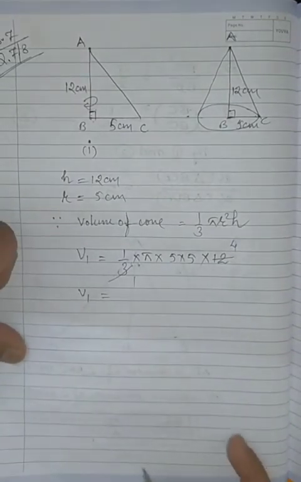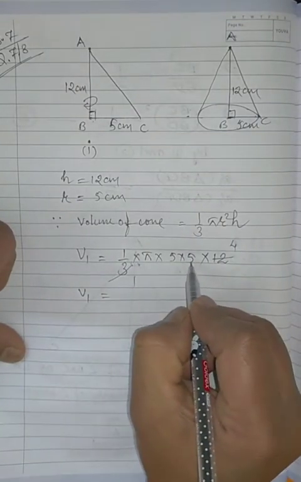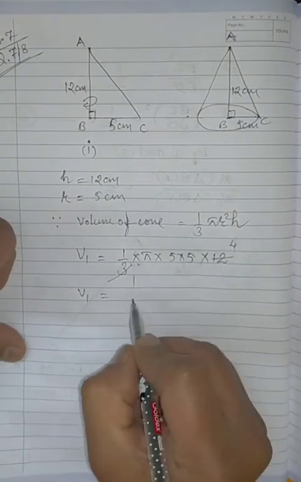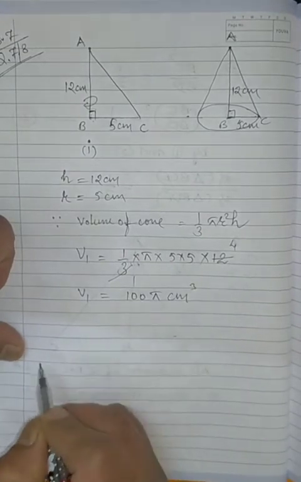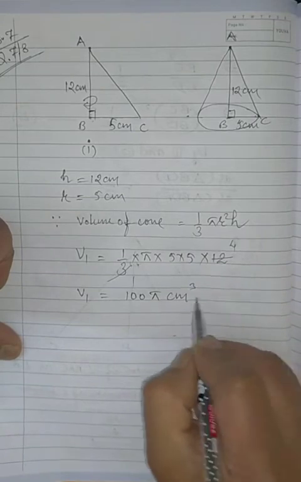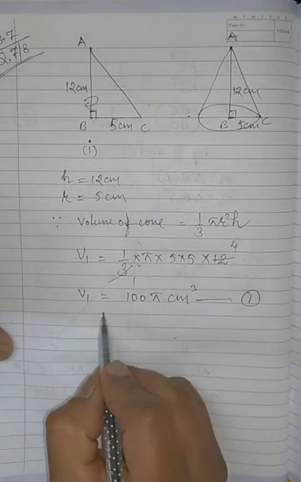So volume V1 will be equal to 5 into 5, 25, 25 into 4 is 100. So 100 pi centimeter cube is the volume of the cone obtained in case 1. This is the answer of question number 7.